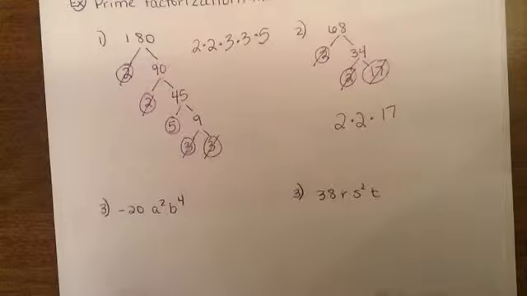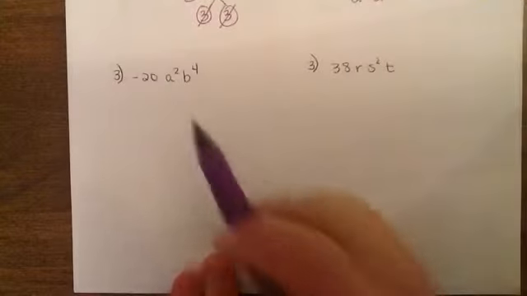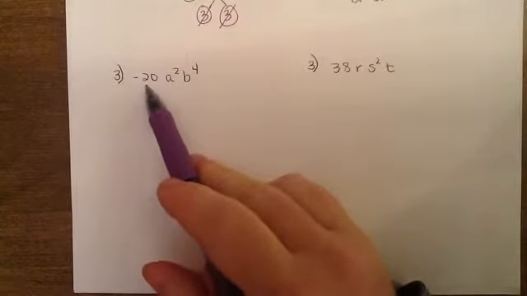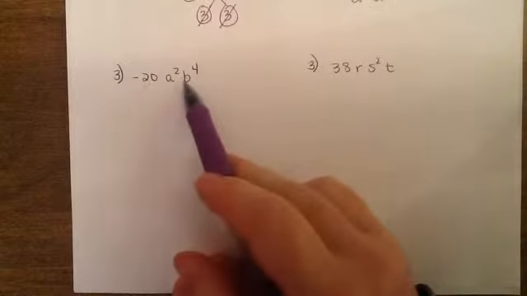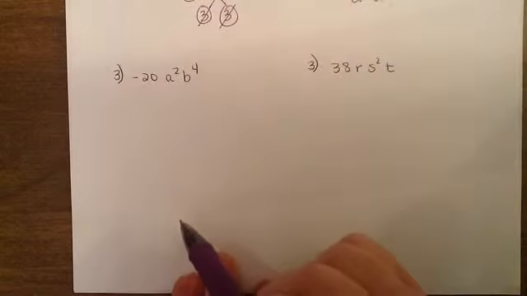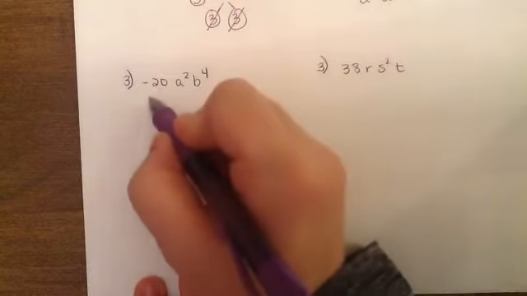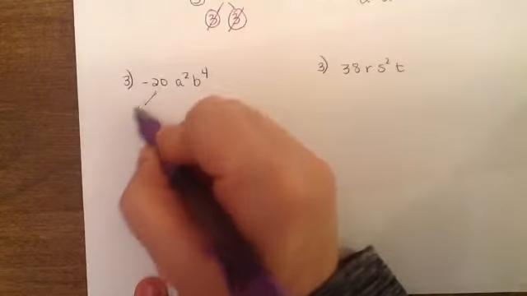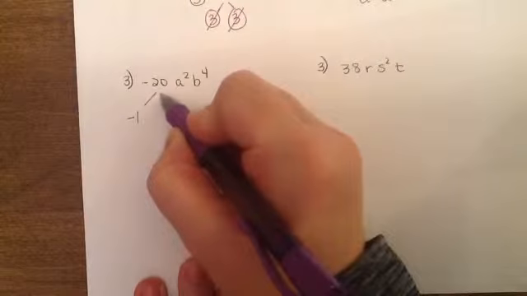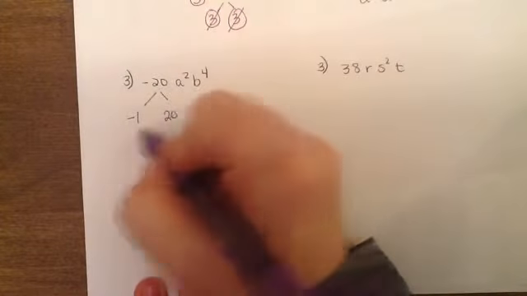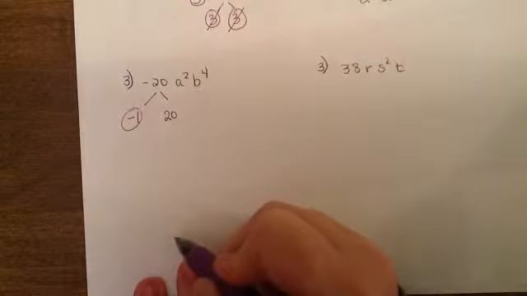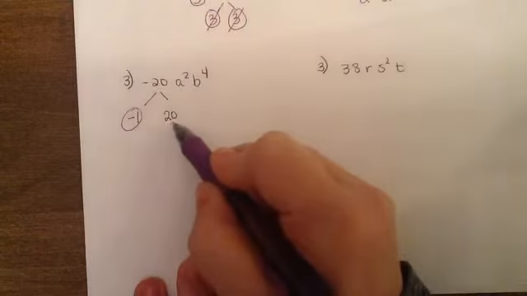Nice job. If we take a look at number 3, we're going to first break up negative 20, and then I'm going to break up these exponents in variables. So if I start with negative 20, I'm going to get rid of that negative. So if I take out a negative, I have negative 1 times 20. So negative 1's done. What can we break up 20 as?